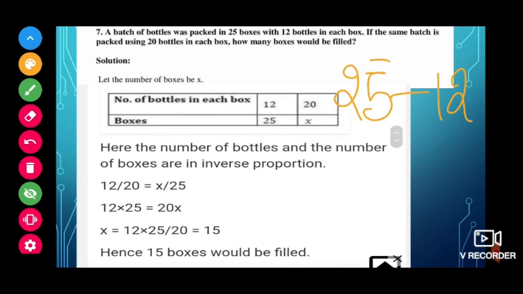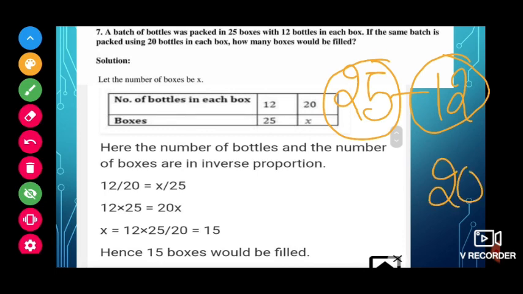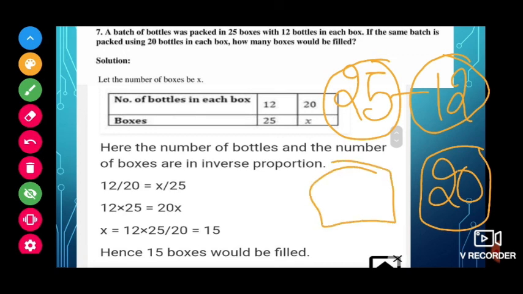This is the total number of boxes, and this is how many bottles are in each box. If the number of bottles in one box is increased to 20, then how many boxes do we need?